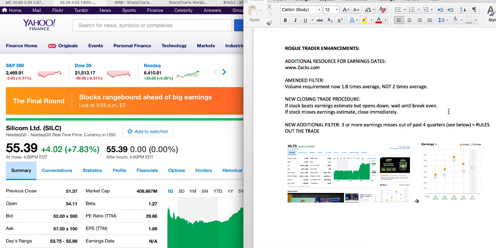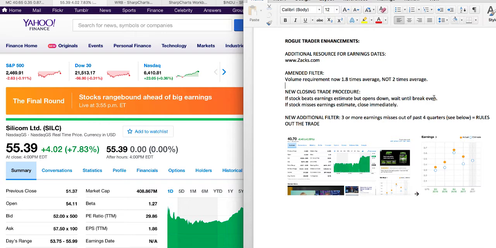All right, now I'm going to introduce a brand new, very simple, very quick-to-see additional filter. It doesn't create any more work because you're going to be on the Yahoo Finance page anyway. It's to do with a handy little chart that Yahoo Finance shows you.